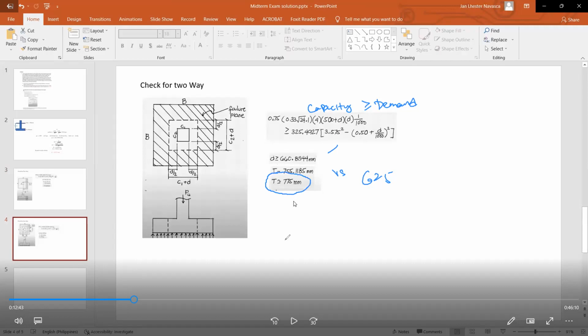Okay, so ang next problem is determine the spacing. So for the spacing, I think you can now solve. Okay, so kayang-kaya nyo nang i-solve tong spacing na to. So kung solve mo yung spacing, that is just find the moment at the face of the column.